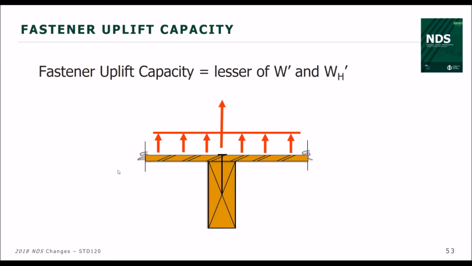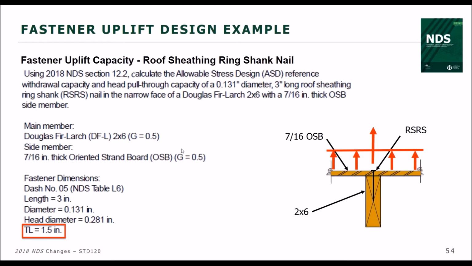That's probably the easiest way to get a handle on what does this look like with these new provisions. So the fastener uplift capacity on something like what we're showing here in this drawing, where you've got wind uplift on some wood structural panel sheathing, is going to be the lesser of the withdrawal capacity and the head pull-through capacity. So we're going to check both of those to see which controls.